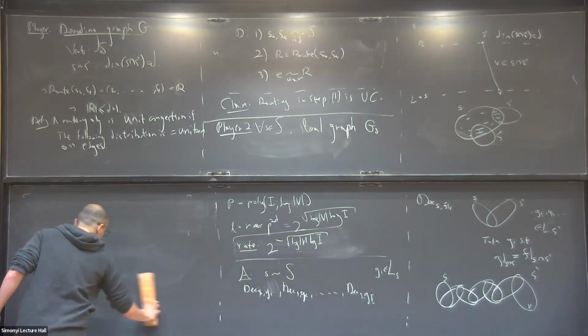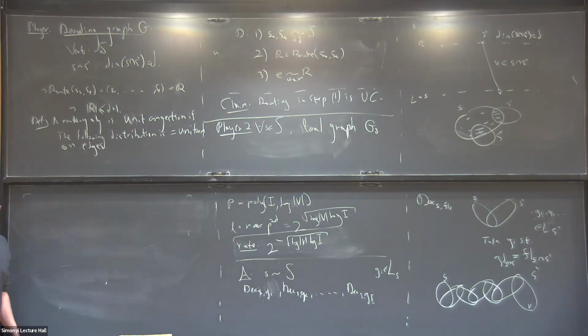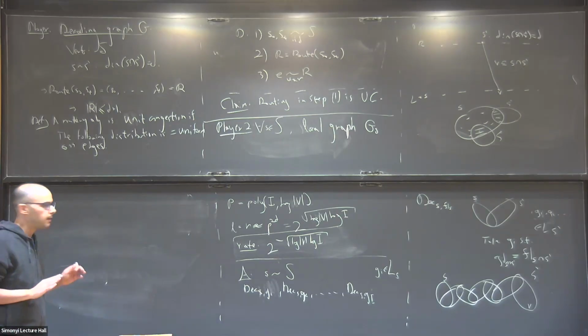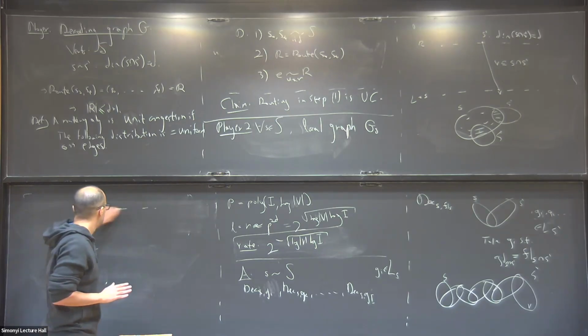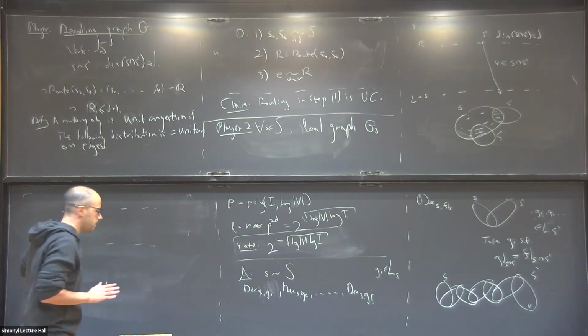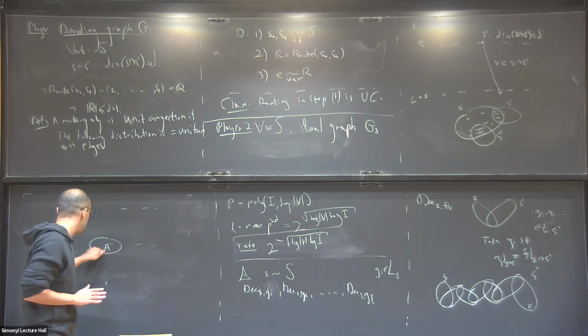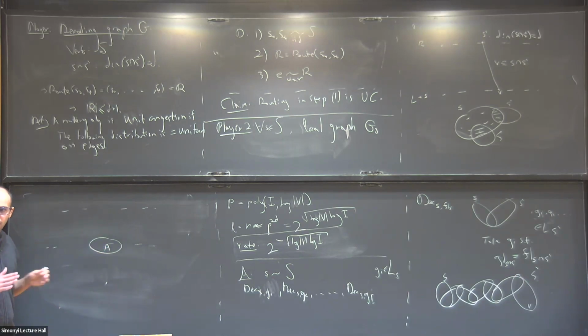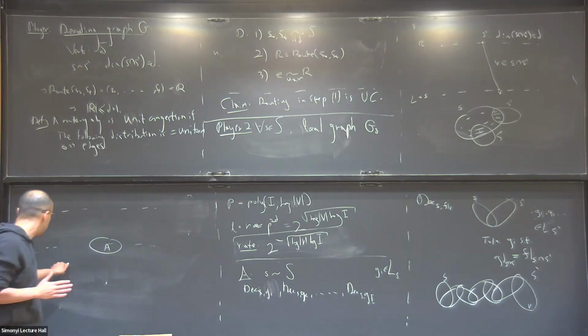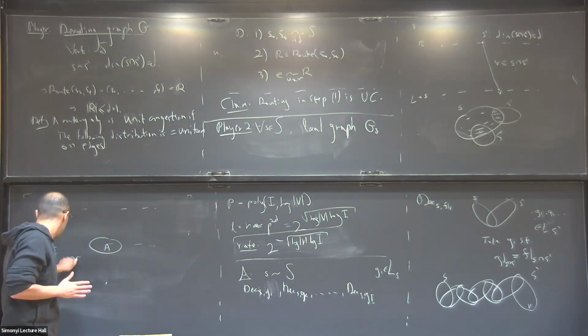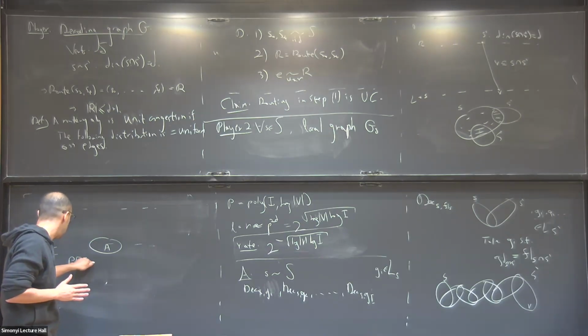So up until now, this is just a definition. But the property that I want from this graph is what's called sampling. So what is a sampling property of a graph? In a graph, you can look at subsets of vertices A, and you can associate with them relative sizes. So let's write, for example, PA.